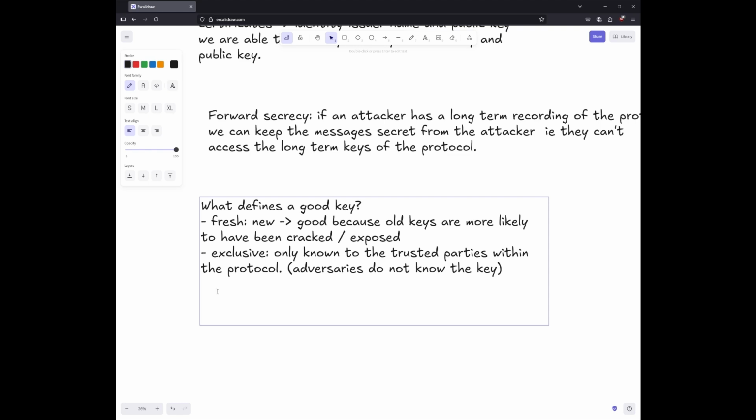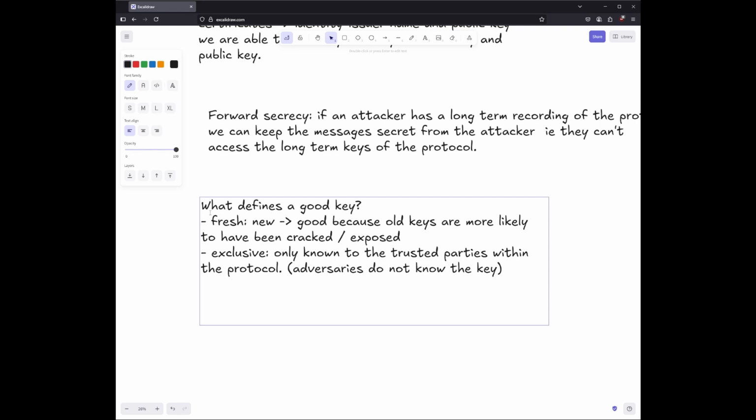Now, in order to also verify identity, in order to identify who's actually talking to us, which is another problem we mentioned beforehand, we want to be able to identify who's talking to whom, and ensure that the intended recipient is the intended recipient and the sender is who we think they are. We need some way to do that.